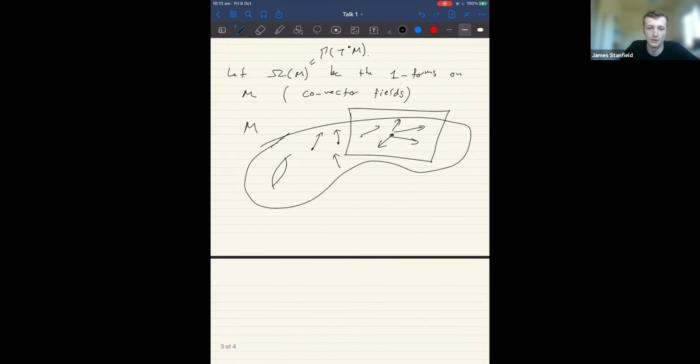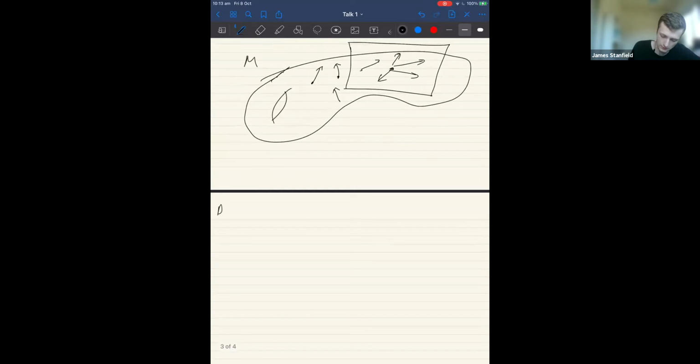We can define the most important object that we need, which is a Riemannian metric. Okay. So a Riemannian metric on M is a smooth assignment.